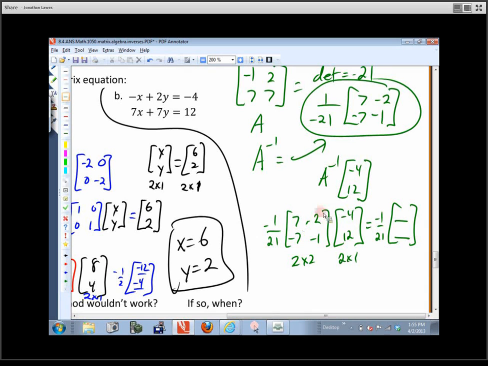That's -28, -28 minus 24. 52. Second row, first column. So that's going to be 28 minus 12. That's going to be 16.